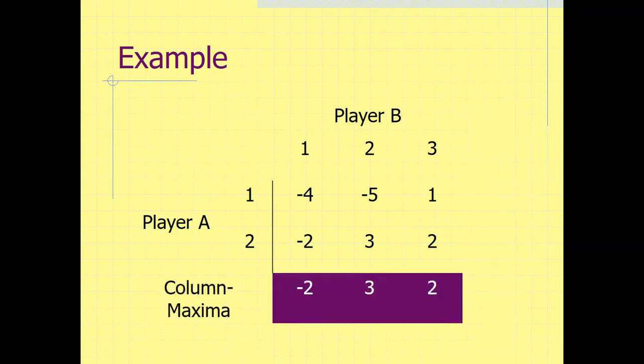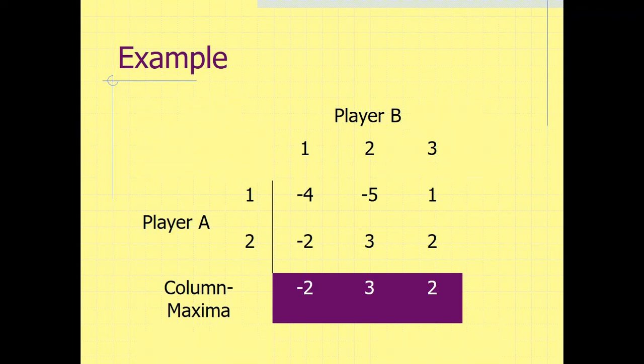Similarly, if the game is considered from B's point of view, then the maximum loss to B when he plays the first strategy is -2 and 3 and 2 when he plays the second and third strategies respectively.